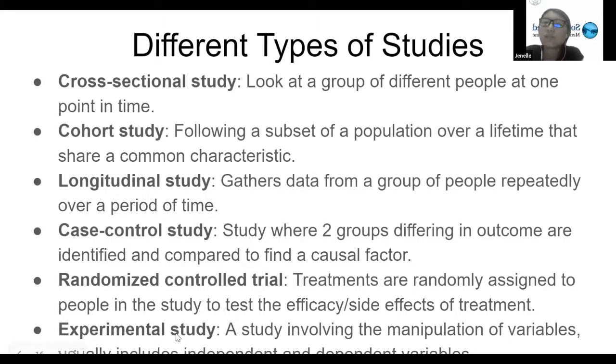For an experimental study, it's really unique because you're controlling all of the variables, you're controlling all of the constants in that study, and it's only the independent variable that's changing, which would affect the dependent variable.